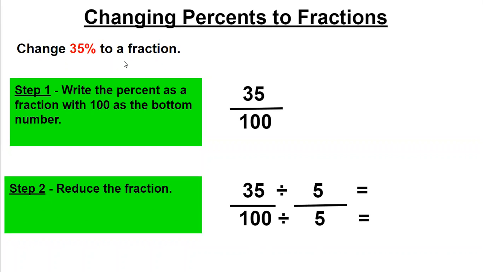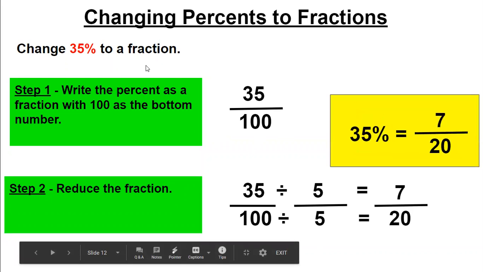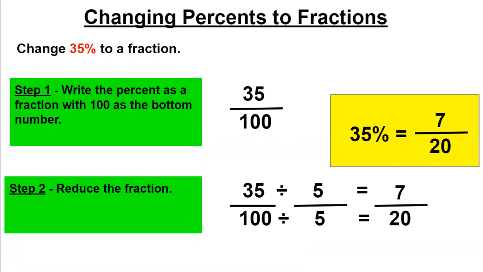And 35 divided by 5 is equal to 7. 100 divided by 5 is equal to 20. Now I have 7/20ths, and that's in lowest terms. So 35% is equal to 7/20ths as a fraction. If I were to take my calculator and put 7 divided by 20 equals, I would get 0.35.